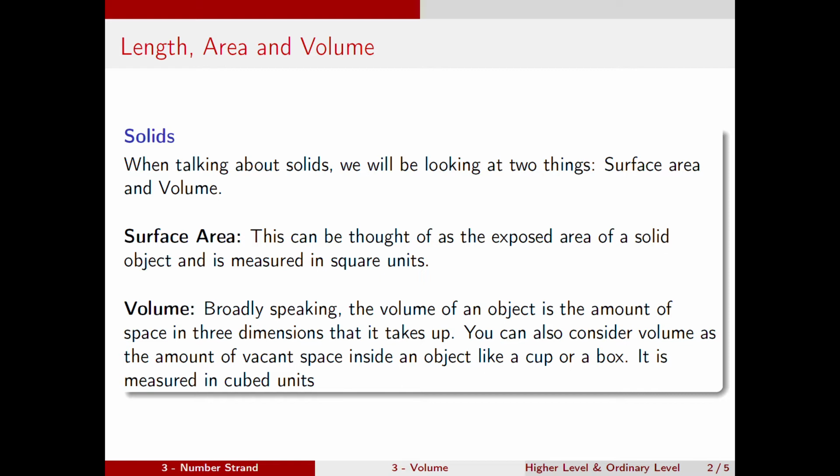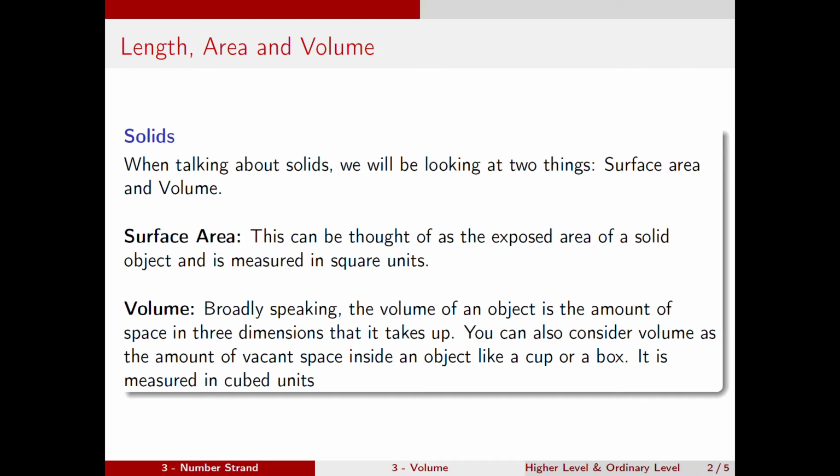Broadly speaking, the volume of an object is the amount of space in three dimensions that this object will take up. But you could also consider volume as the amount of vacant space inside an object, like a cup or a box. So it's important, if you're asked a question to find the volume of, say, a coffee cup, does the question want to know how much vacant space is inside the coffee cup, or how much coffee or water or liquid this coffee cup could hold?